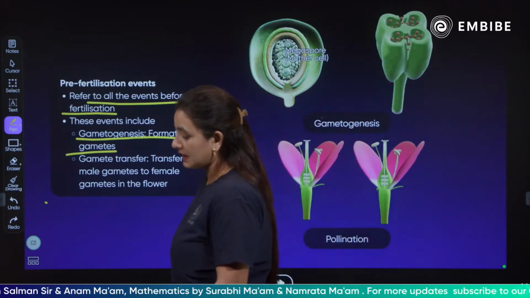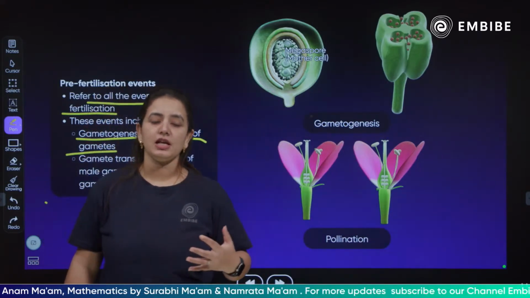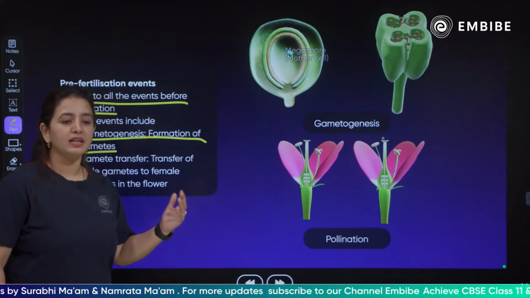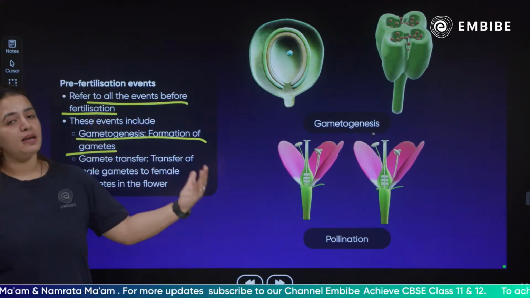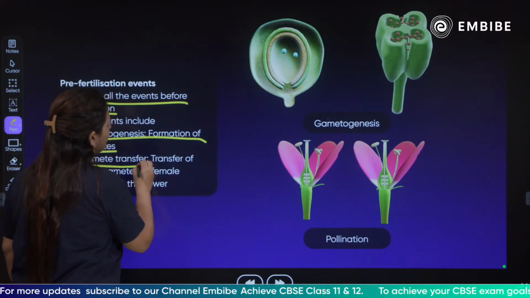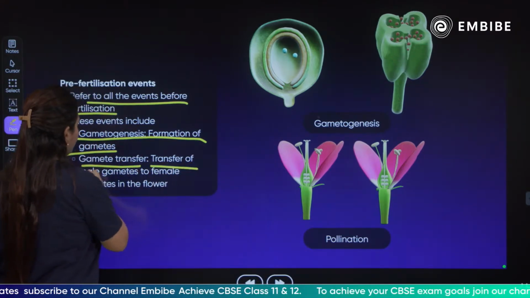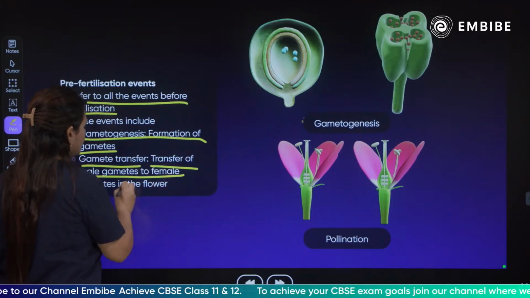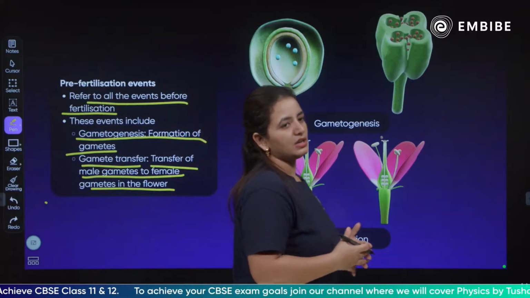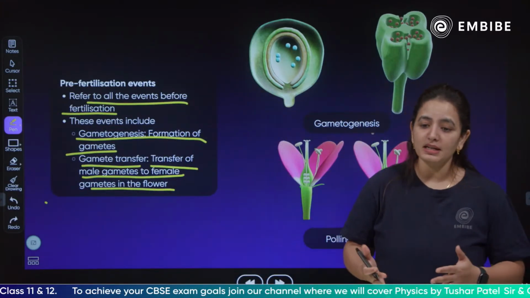And the other event is, after the gametes have been formed, they need to be transferred from the male to the female reproductive part. So the other event is gamete transfer, the transfer of the male gamete to the female part of the flower. The very first pre-fertilization event is the creation of the gametes.